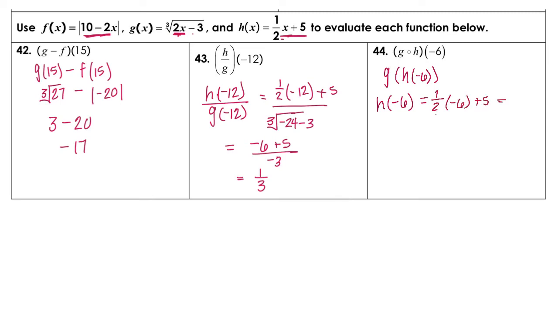And so that's going to give me negative 3 plus 5, so positive 2. And so that means now we go back and we find g of positive 2. And so we're going to have the cube root. And if we plug in a 2, we're going to get 4 minus 3. So the cube root of 1 is just 1. And that would be your final answer.